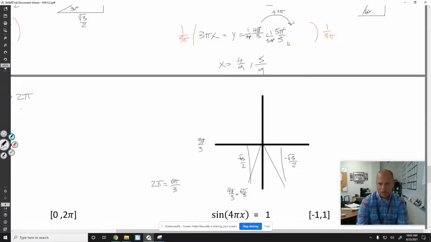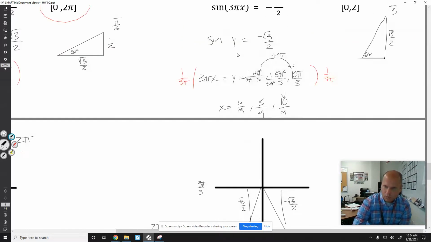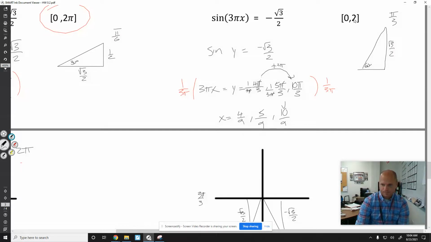Gives me 10 pi over 3, same location as 4 pi over 3. What happens if I multiply this by 1 over 3 pi? I get 10/9. 10/9, finally, is a number between 0 and 2. 10/9 is a solution for x. Keep it.